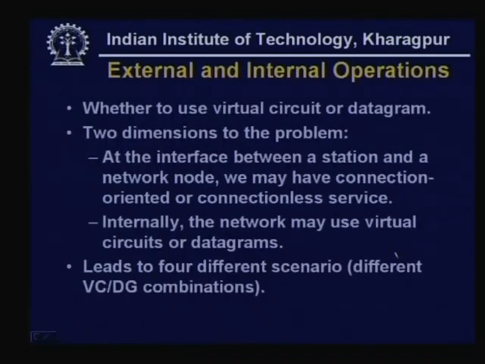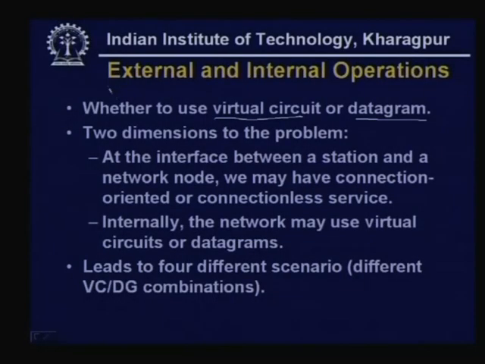Now, as I mentioned, there is a possibility of external and internal operation. That means, whether we are using virtual circuit or datagram. We have seen that in the network we have stations connected to nodes, and nodes are also communicating.